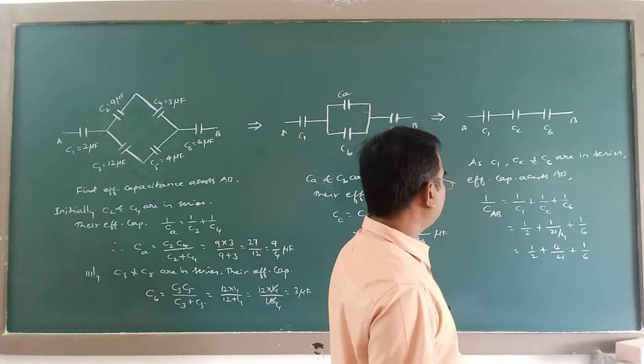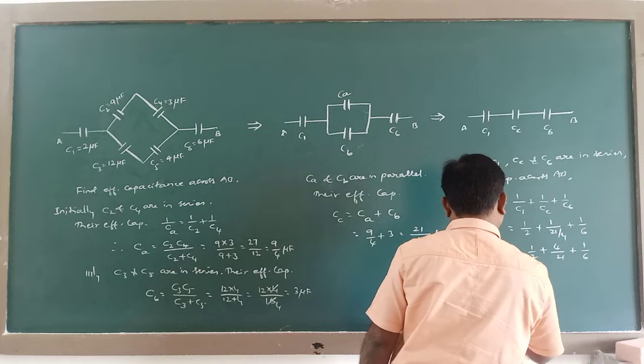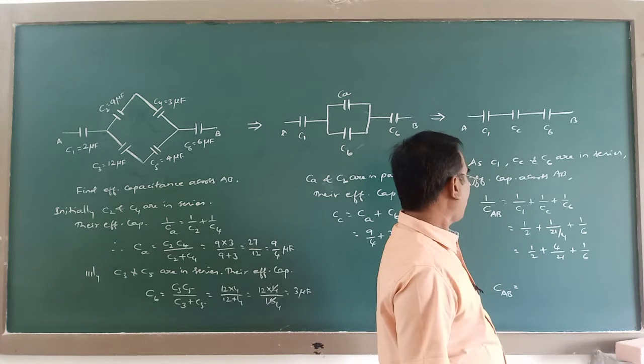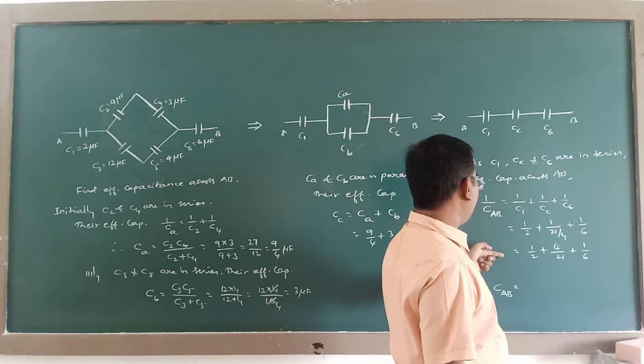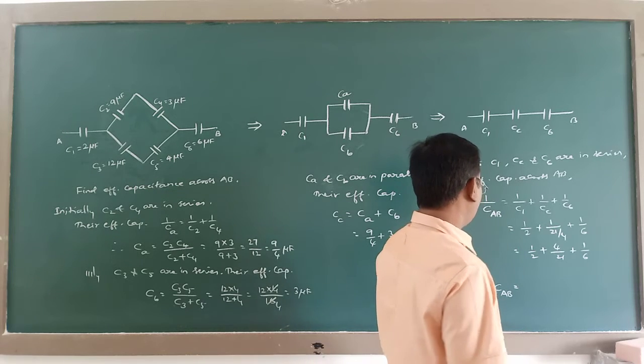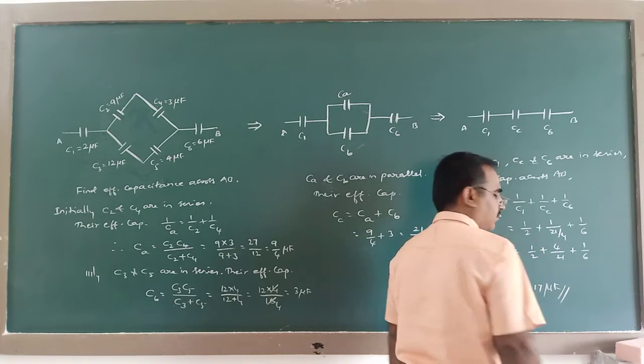Now you take LCM and from that you find CAB. It comes to be nearly 1.17 microfarad.